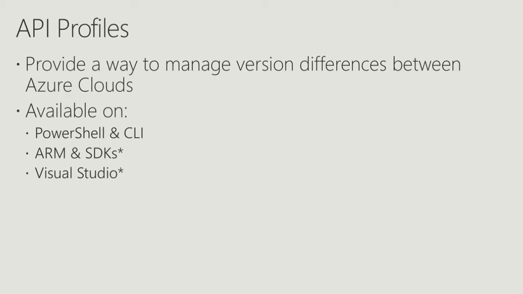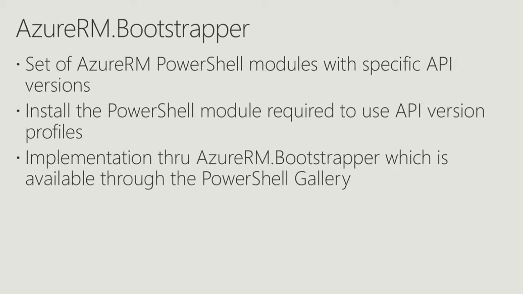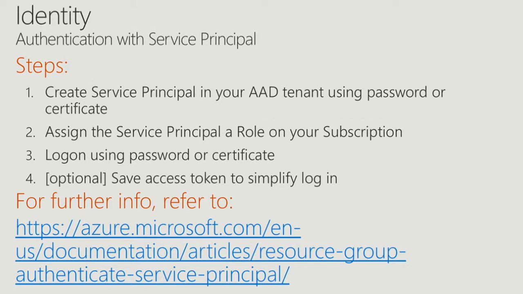When you use PowerShell and CLI, you select which profile to use, and the commandlets that will be loaded are only the commandlets that support the resources on a given set of API versions. I'll show a demo of API profiles, and that will make it clear. From a PowerShell perspective, API profiles is implemented by the Azure RM Bootstrapper, and that's available on the PowerShell Gallery. So if you download the latest PowerShell modules today for Azure, you already have profiles available.